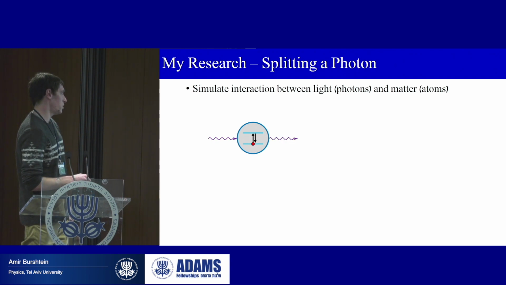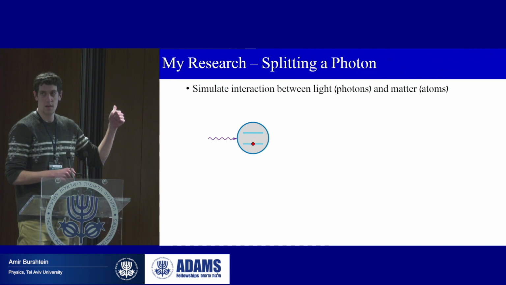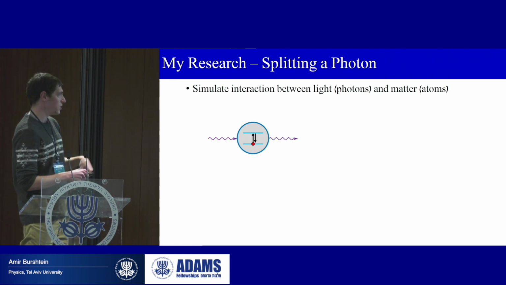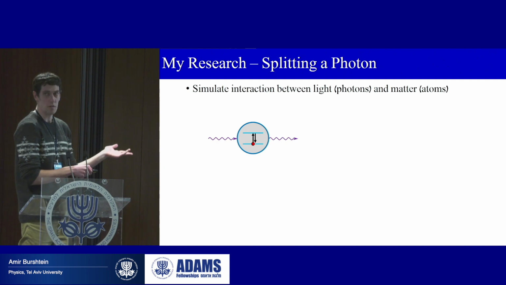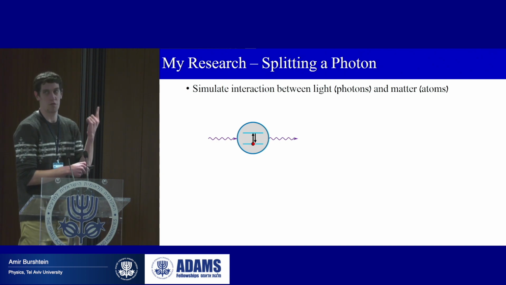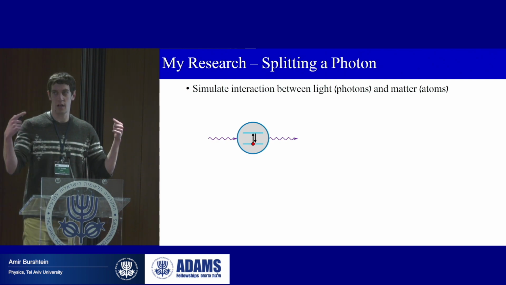The type of question you usually ask is what happens when you have an electron at the ground state of this atom, and then an incoming photon that interacts with this electron, so it will excite some excited state, and eventually that will decay back to the ground state, and it will also emit a photon. It will usually emit a single photon. So we'll have one coming in, one going out.